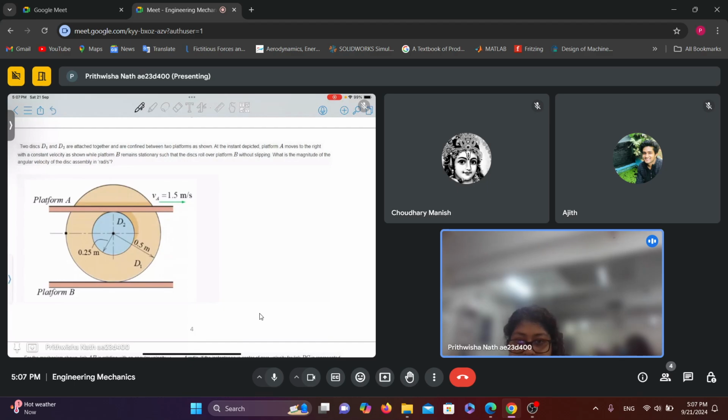So you need to find the angular velocity of the disc assembly. Can you try solving this problem?